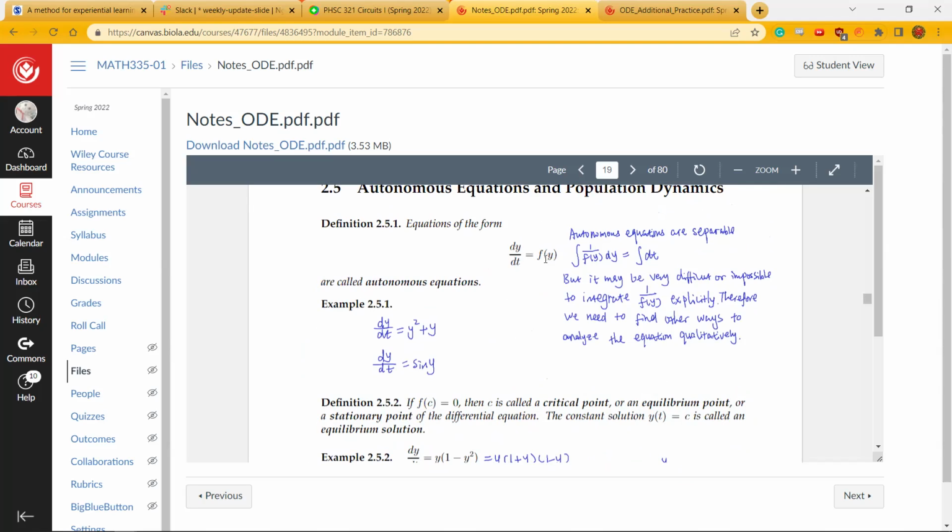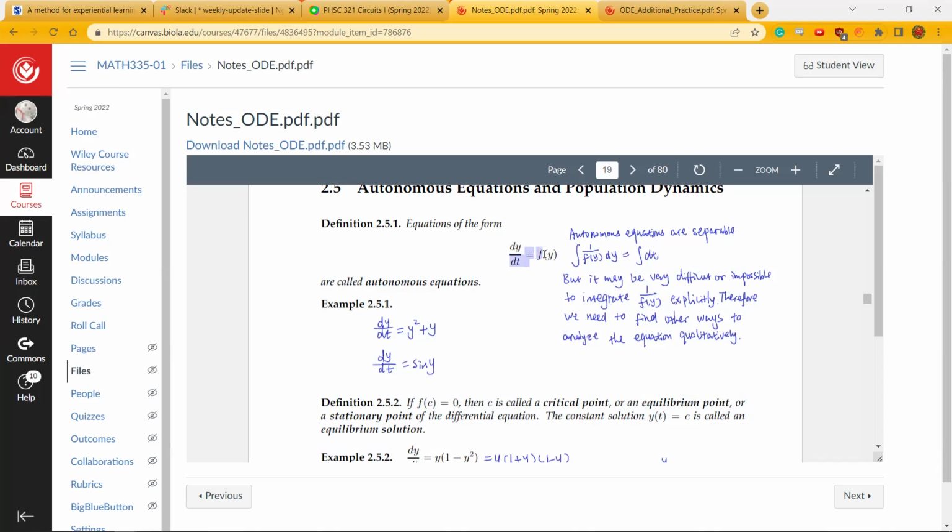And there are certain critical values which will cause the function to just be a line forever. Where if, for example, f of y equals 0, that means the slope of y with respect to time is 0. So if you start from a certain y, you'll remain at that y for all of time.